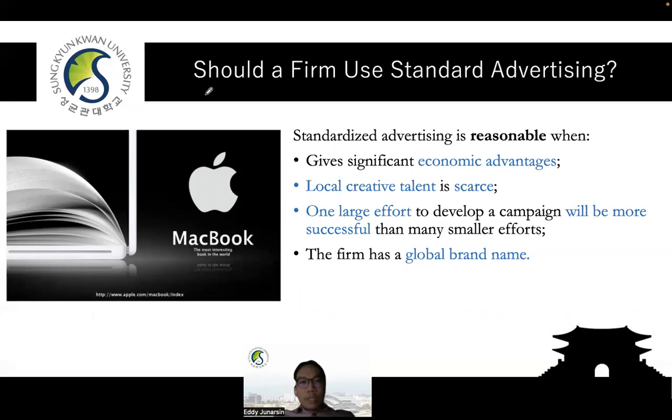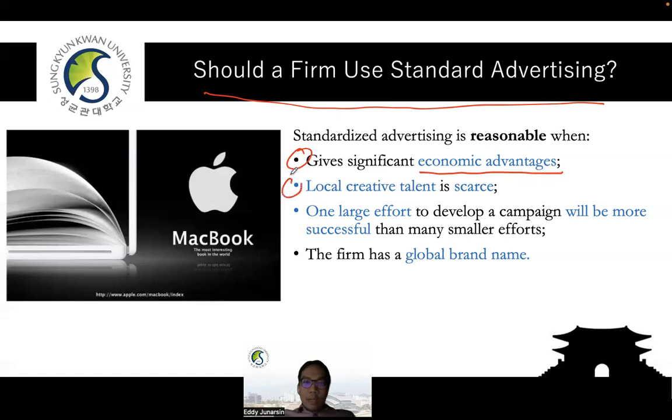So the next question is, should we use standardized advertising? We can use this kind of standardized advertising if we need cost savings, like one message, one advertising style or message for the whole world.